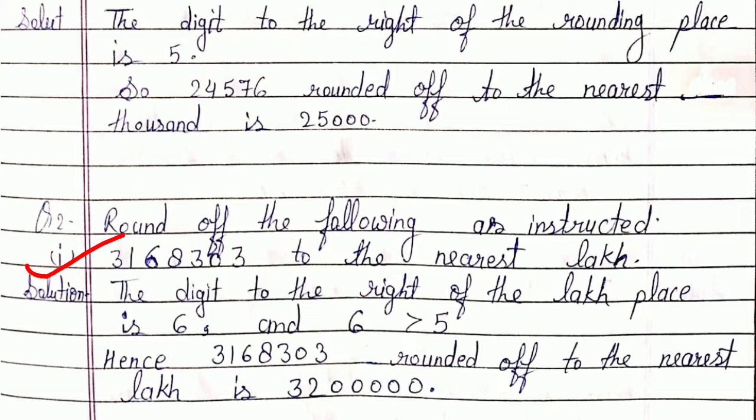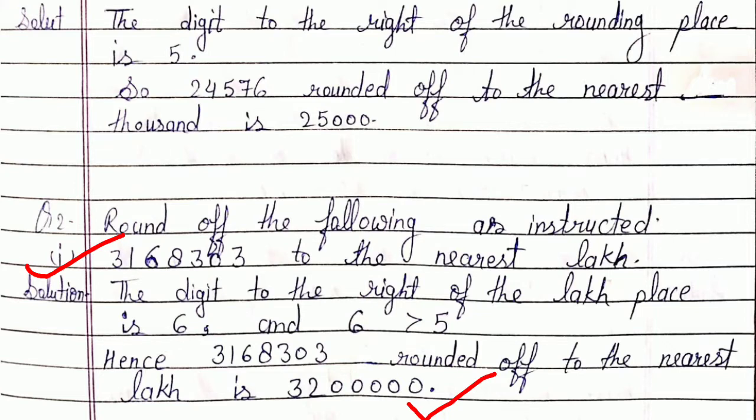So the digit to the right of the lakh place is 6, and we know that 6 is greater than 5. As per the rule, we will add 1 to the rounding place. Hence, 31,68,303 rounded off to the nearest lakh is 32 lakh.